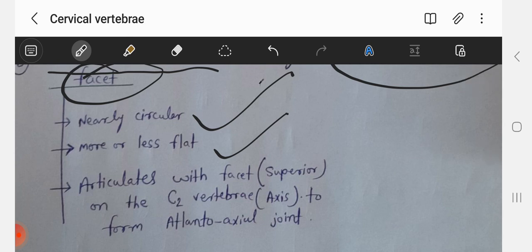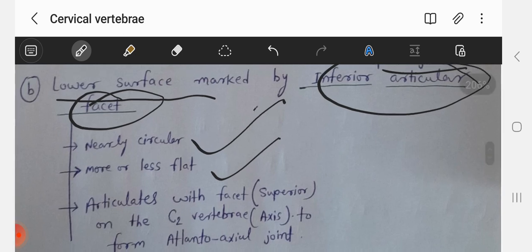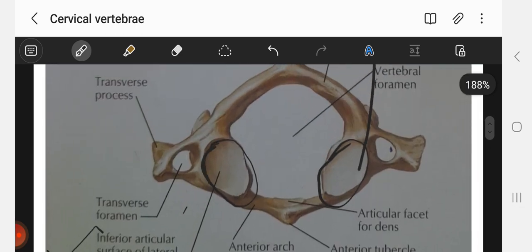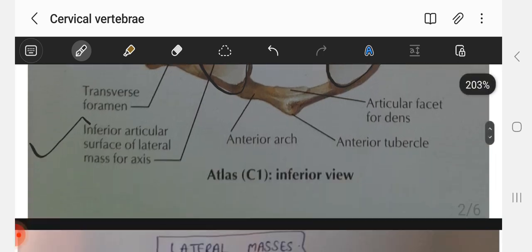What about the superior articular facet? That was elongated, but this is a little bit circular and flat. Here if we see, it looks somewhat circular, and it is flat, not concave, which was the case for the superior articular facets.